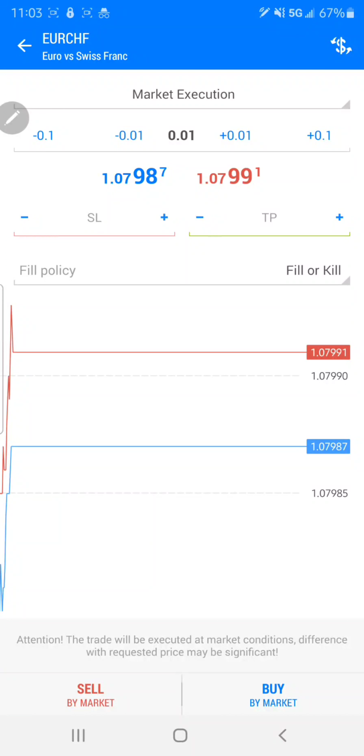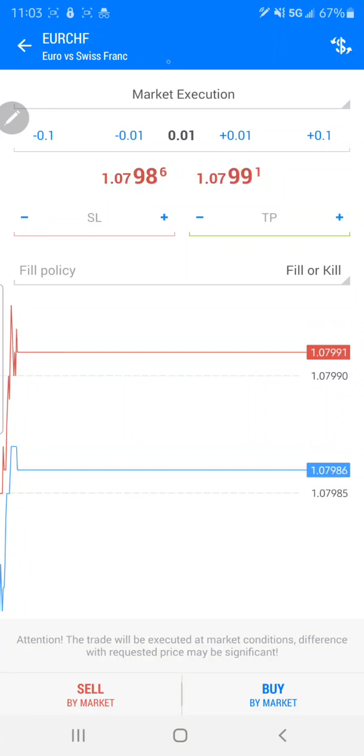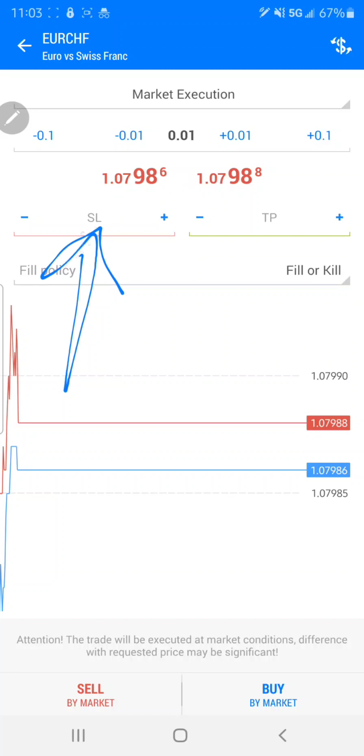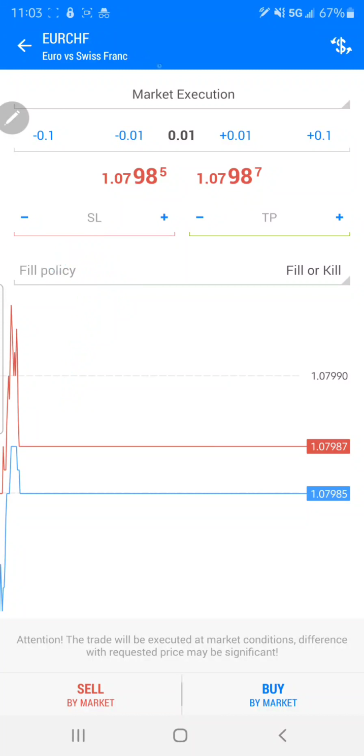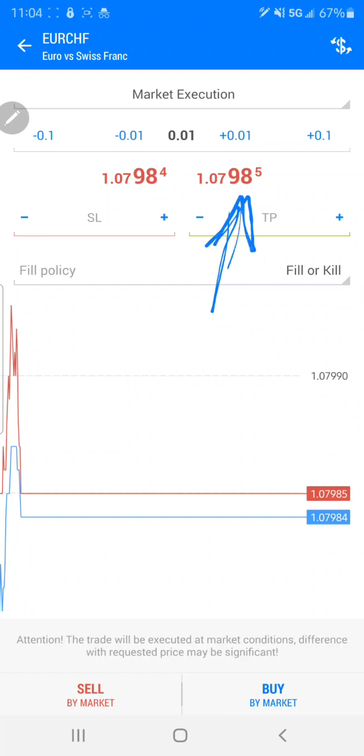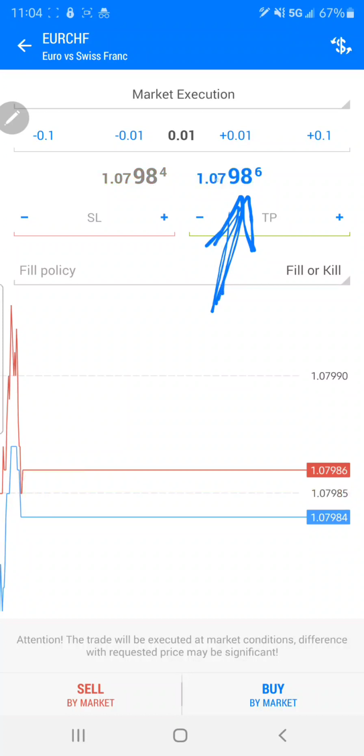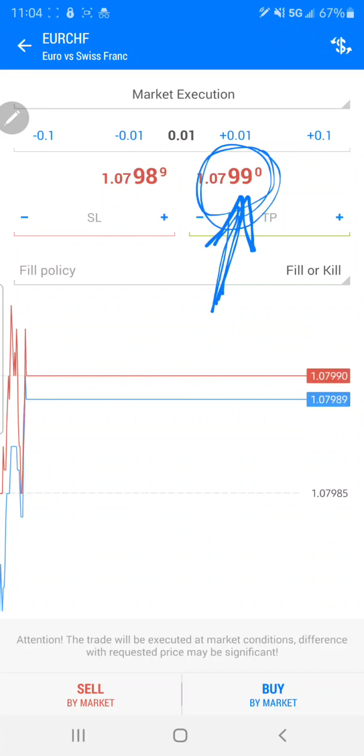So if I am buying, that means that my take profit needs to be above current price. And actually, I should have drawn the arrow below this number, because I need for price to be above this number right here.